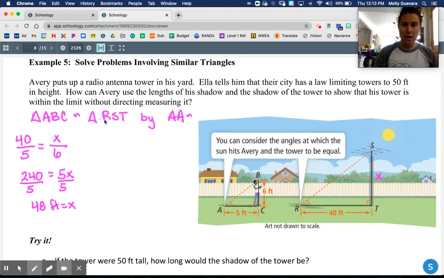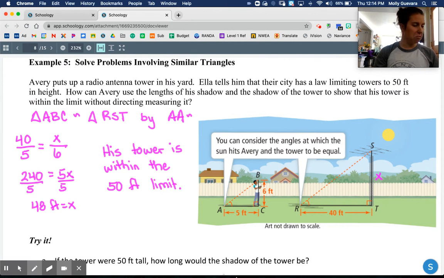Okay? So his tower is within the 50-foot limit, right? His tower is not taller than 50 feet, so he's okay.